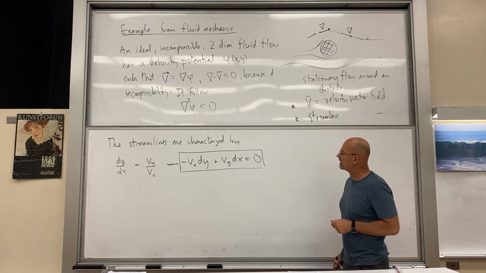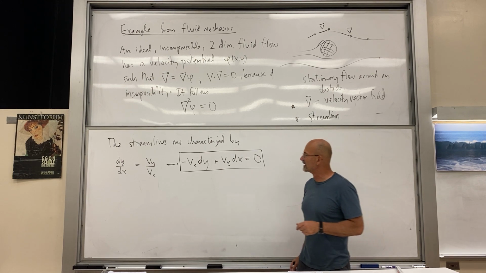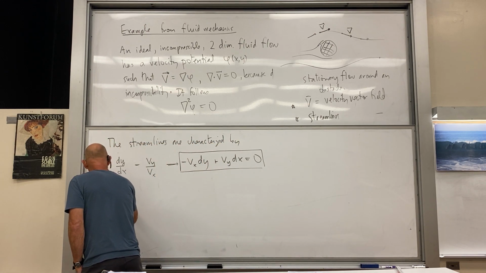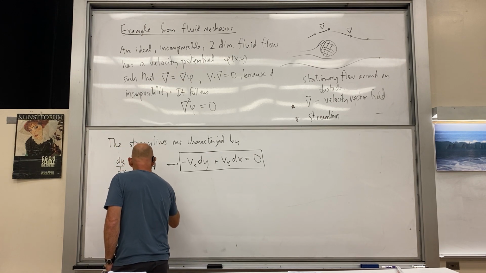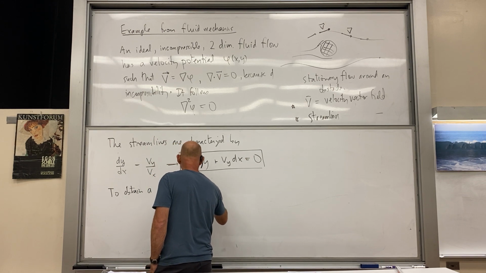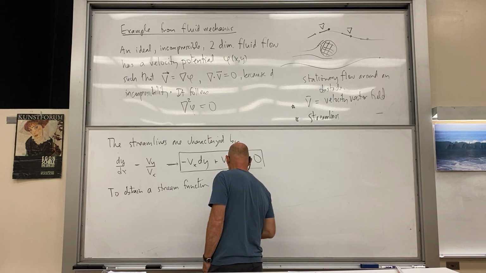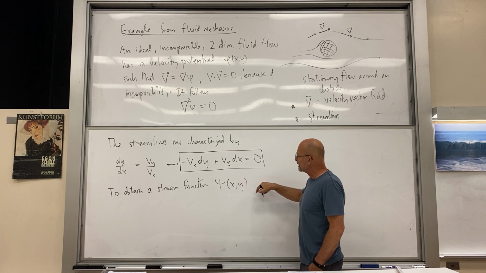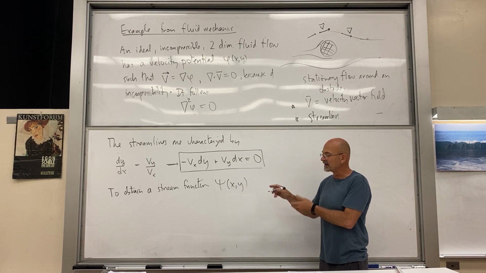So now we want to construct a stream function to describe the streamlines. So to obtain a stream function C of x and y, we want C of x and y equals constant to describe a streamline.